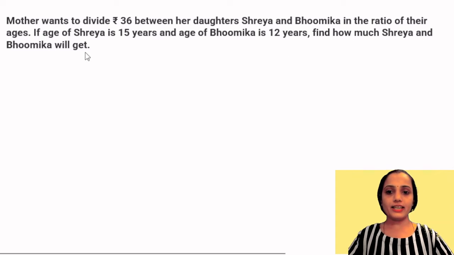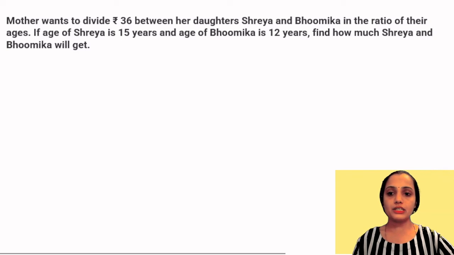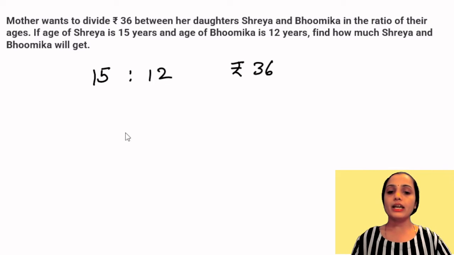Alright, let's look at the next example. Here, the mother wants to divide 36 rupees between her two daughters. The first daughter is aged 15 years. The second daughter is 12 years. The elder one is Shreya. The younger one is Bhumika. So the elder one is 15 and the younger one is 12, and she has 36 rupees to give.